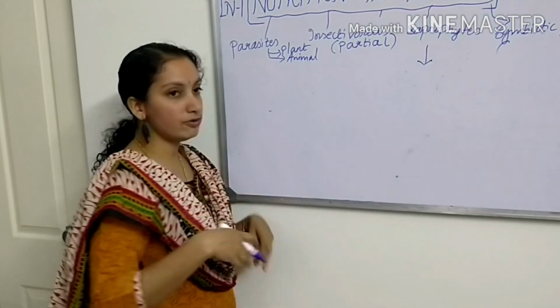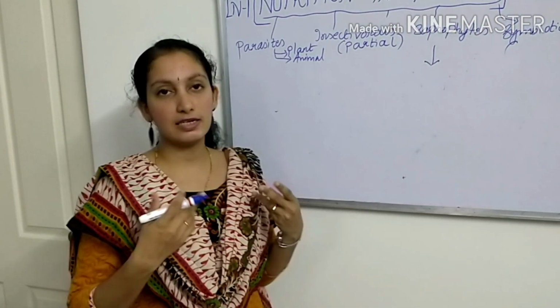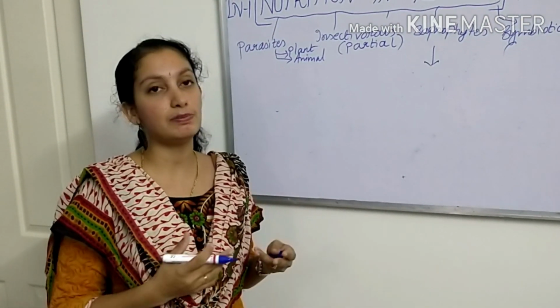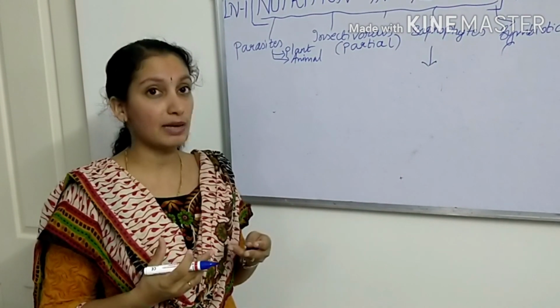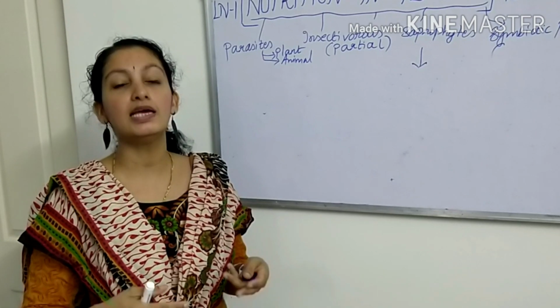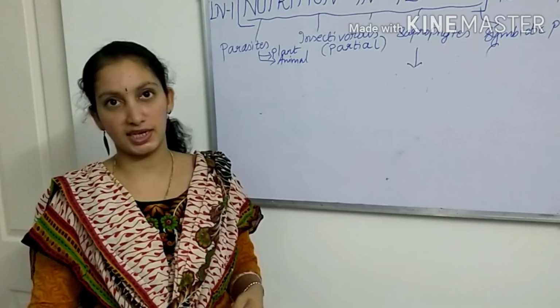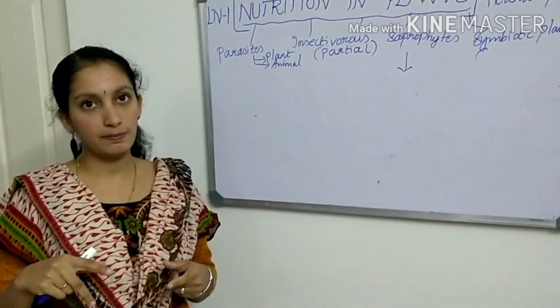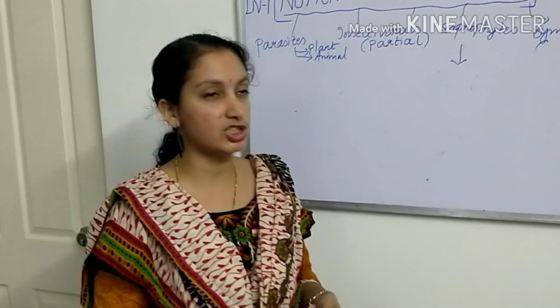For example, if we are doing cultivation continuously, there will be shortage or less amount of nutrients in that soil. The soil has to be enriched with nutrients by some process that is called replenishing the soil.